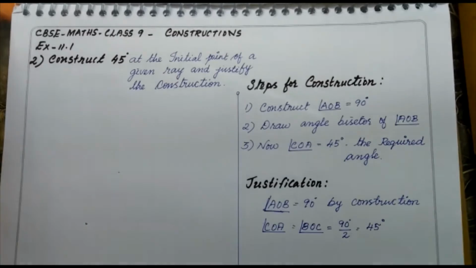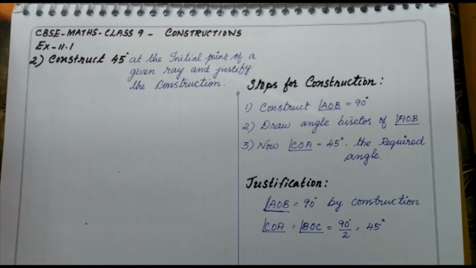When you are given angles like 45 degree, 75 degree, 105 degree, 135 degree, such angles, you should try to make the given angle as a sum of 90 plus other angles. Okay. So you all know how to construct 90 degree.